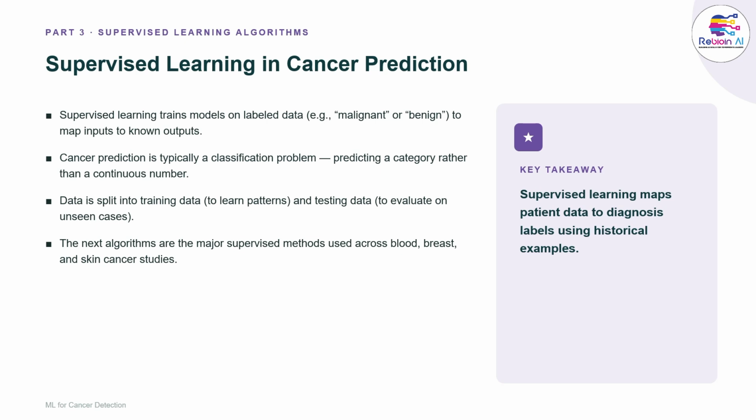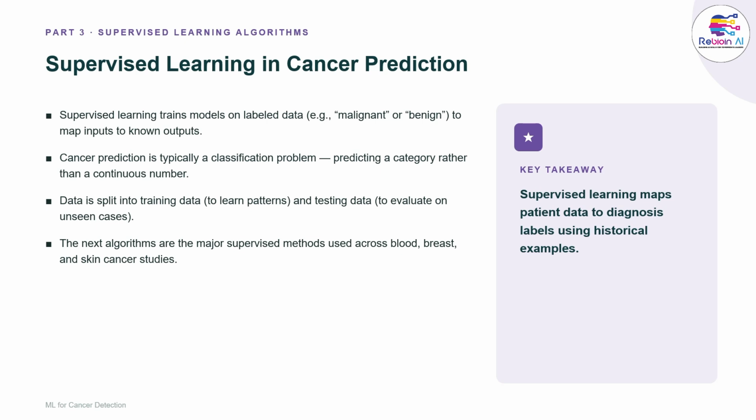In cancer prediction, this is almost always a classification problem, that is, predicting a category like malignant or benign rather than a continuous number. Before training, we always split our data into a training set, which the model learns from, and a testing set that is held back to check performance on data it has never seen before.